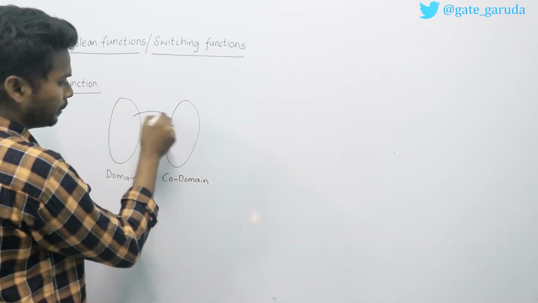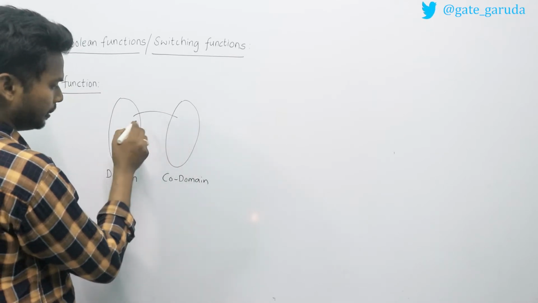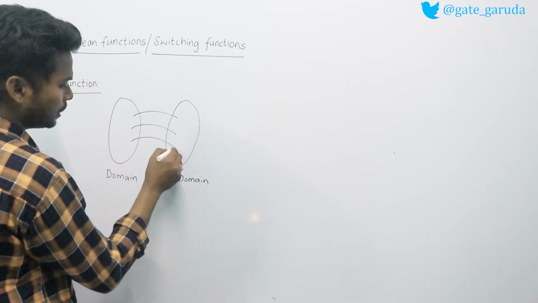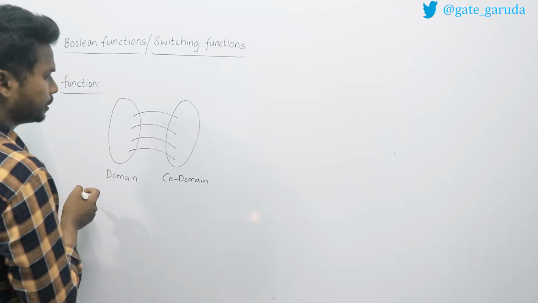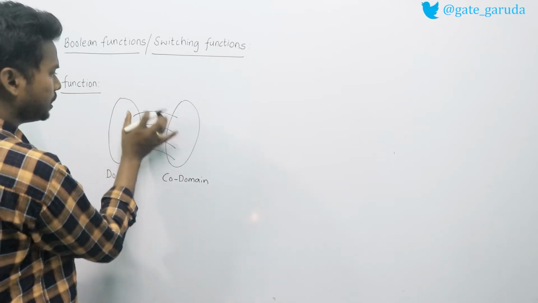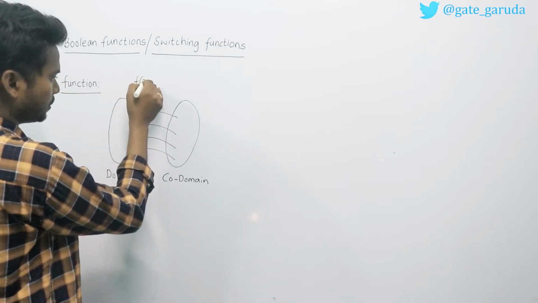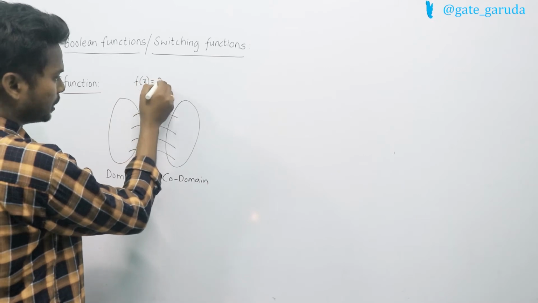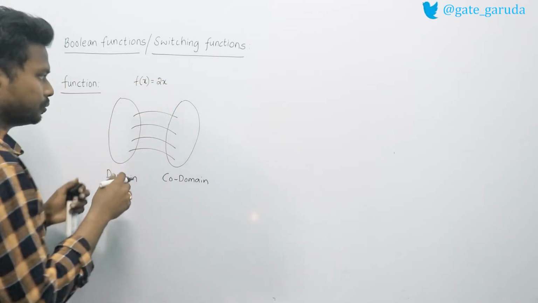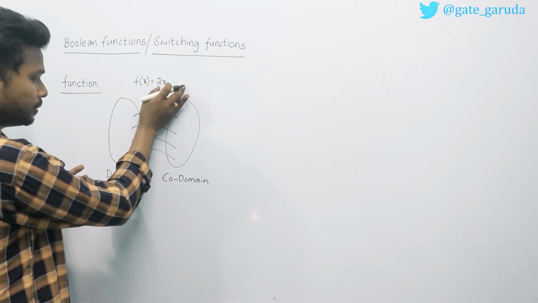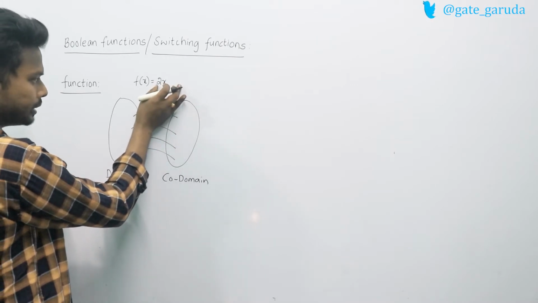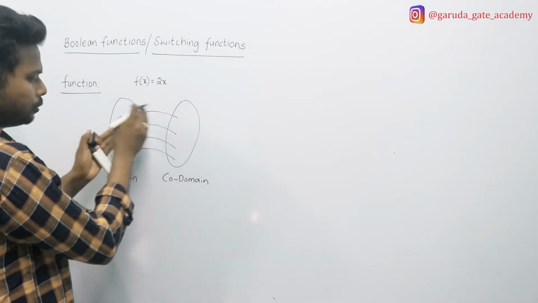There will be mappings from domain to codomain, which are called relations or mappings. Mapping is done with the help of a function. So a function will be given like f of x is equal to some expression, and using that expression, we will be doing mappings.